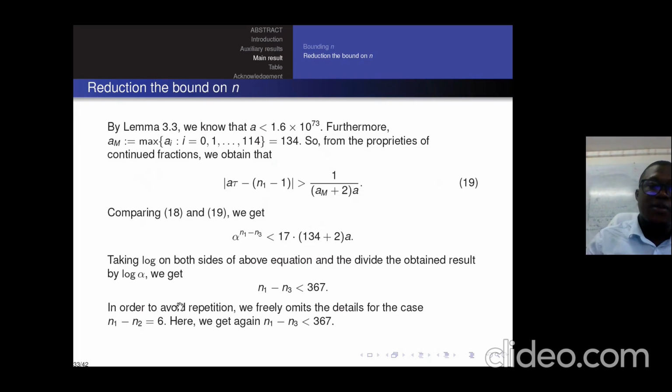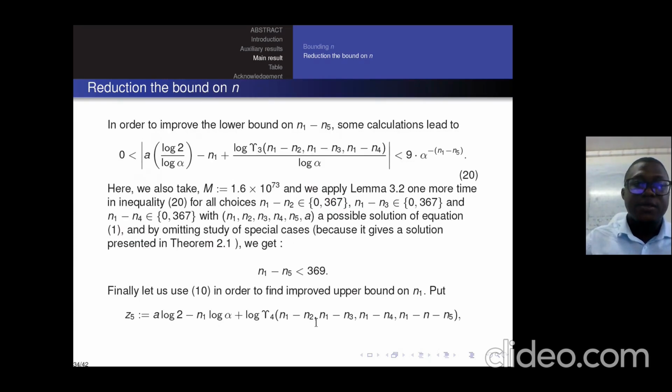And in order to avoid repetition, we omit the details for the case n1 minus n2 equal to 6. Here we get again this inequality, and we will do the same thing, and finally we will get that n1 minus n5 is less than 369.